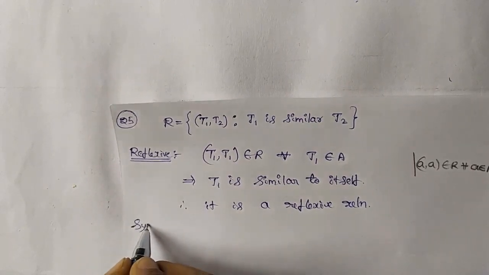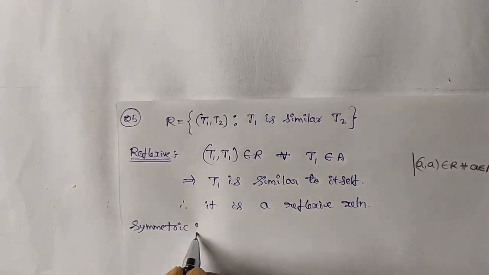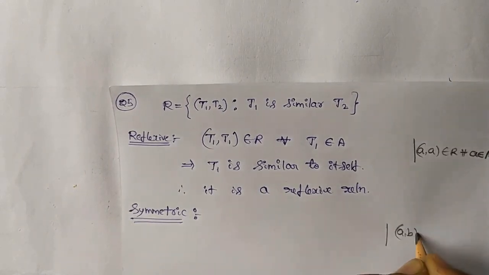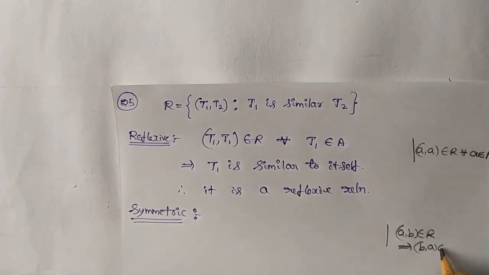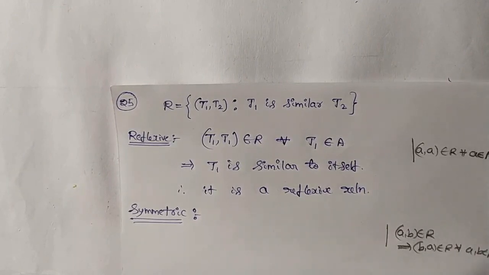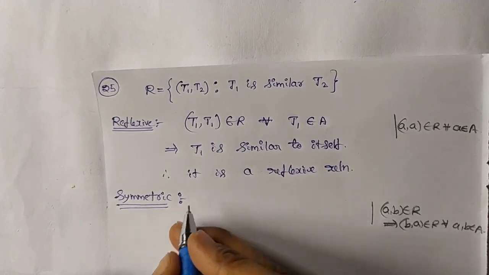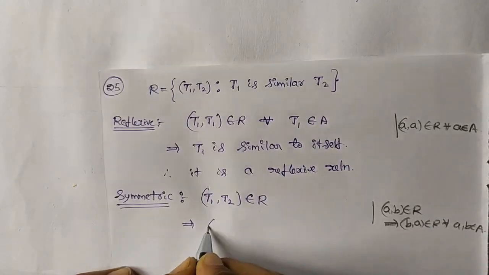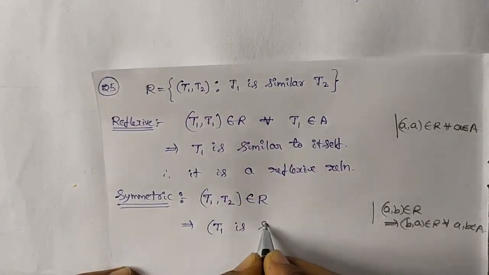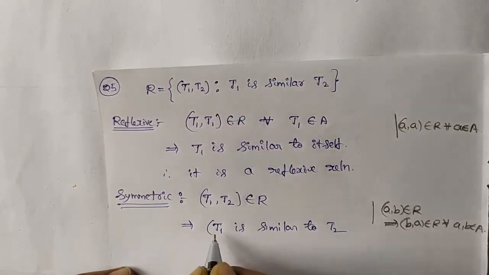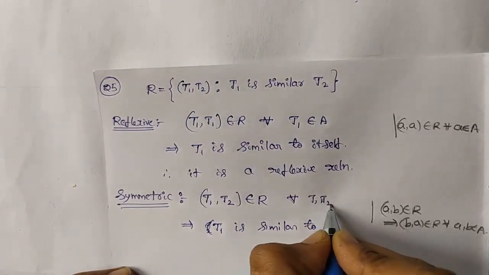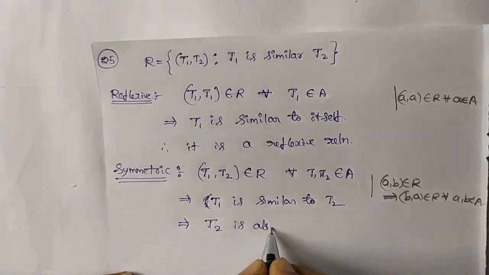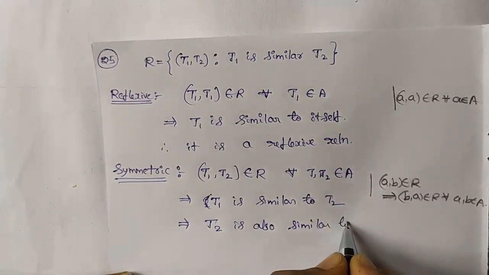Next, symmetric. Recall the definition of symmetric: if (A, B) belongs to R, then (B, A) belongs to R, for all A, B belonging to the set A. Now T1 is similar to T2, so (T1, T2) belongs to R. For all T1, T2 belonging to the set A, if T1 is similar to T2, then T2 is also similar to T1.